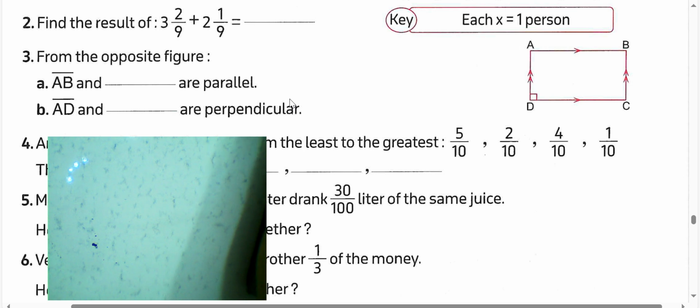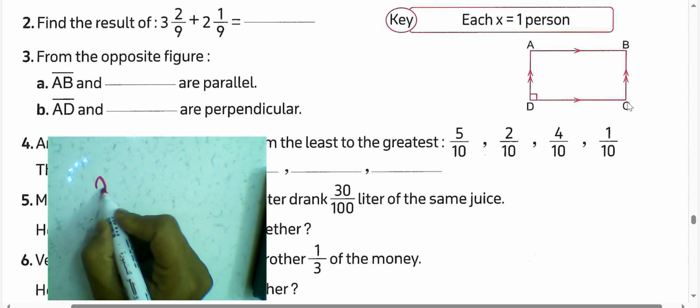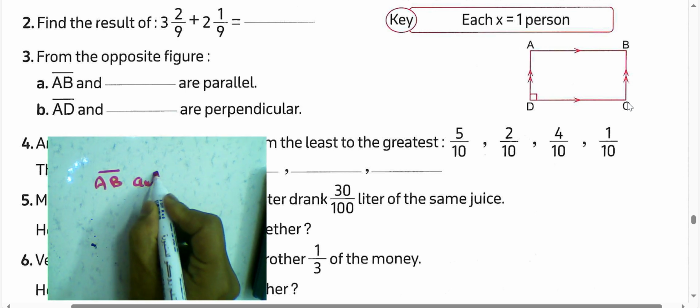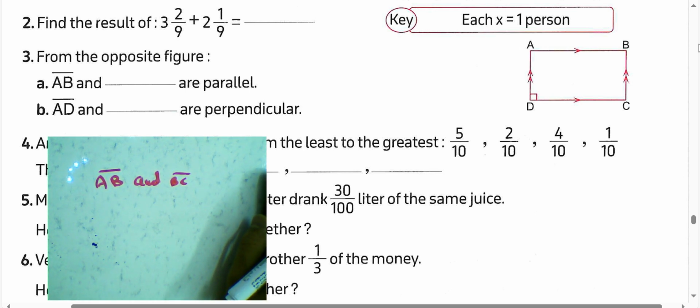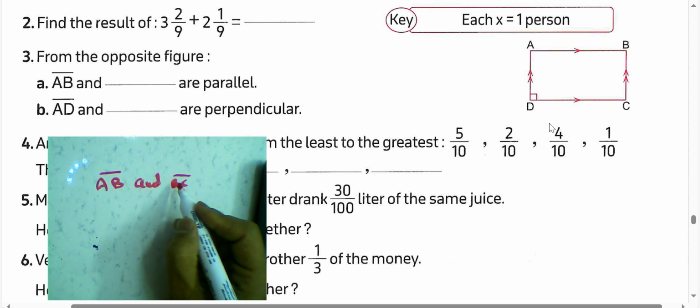In the opposite figure, AB and DC are parallel, we call it parallel. Look here, AD is parallel to BC.